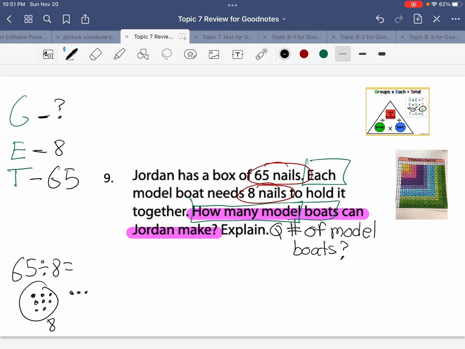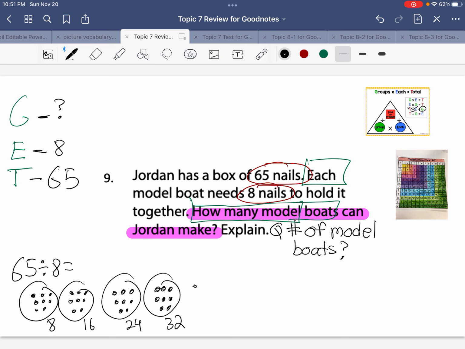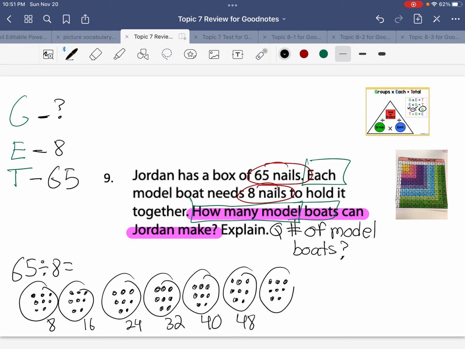So 9, 10, 11, 12, 13, 14, 15, 16, 17 through 24, 25 through 32, 33 through 40, 41 through 48, 49 through 56, and 57, 58, 59, 60, 61, 62, 63, 64.